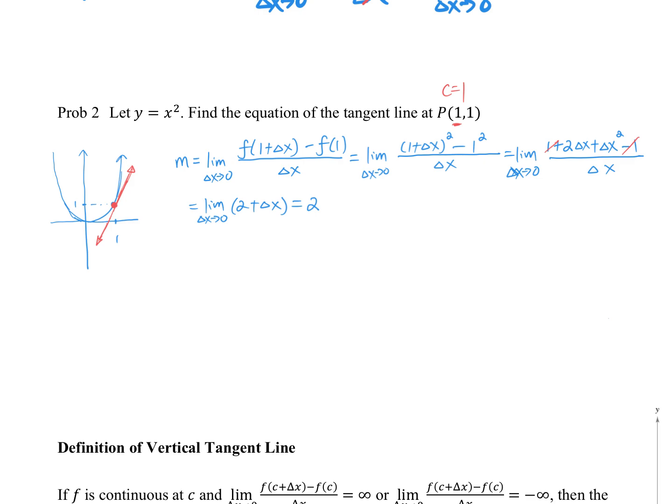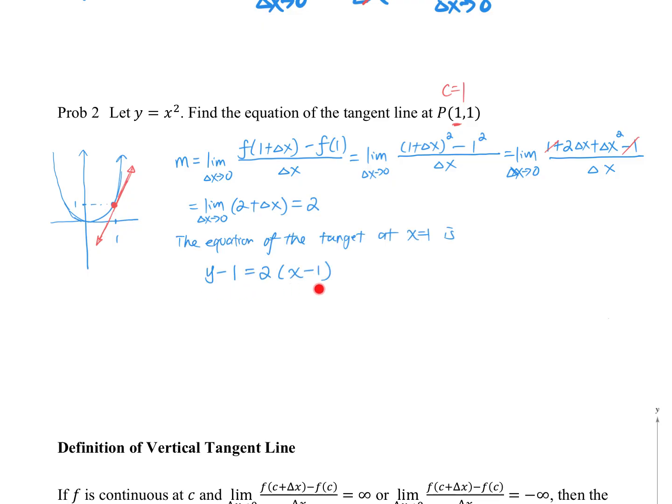Now let's find the equation of the tangent. So the equation of the tangent at this point, x equals 1, y equals 1, is y minus y0, which is 1, equals the slope, which is 2, times x minus 1.